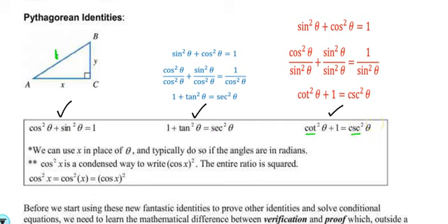So why do we all of a sudden bring in theta, when sometimes we use x? We can use x in place of theta.